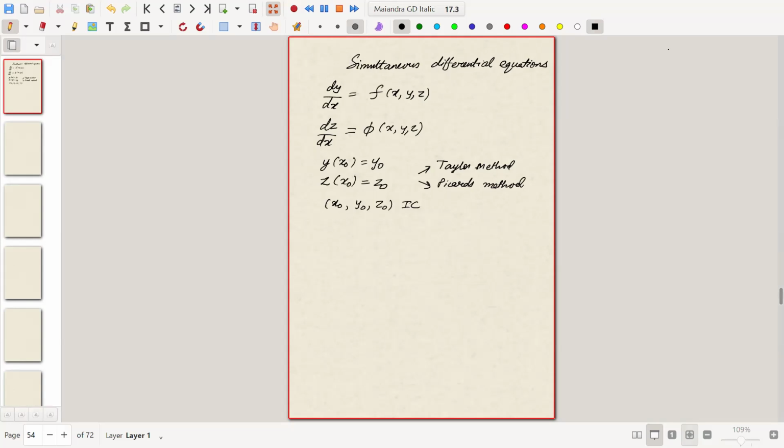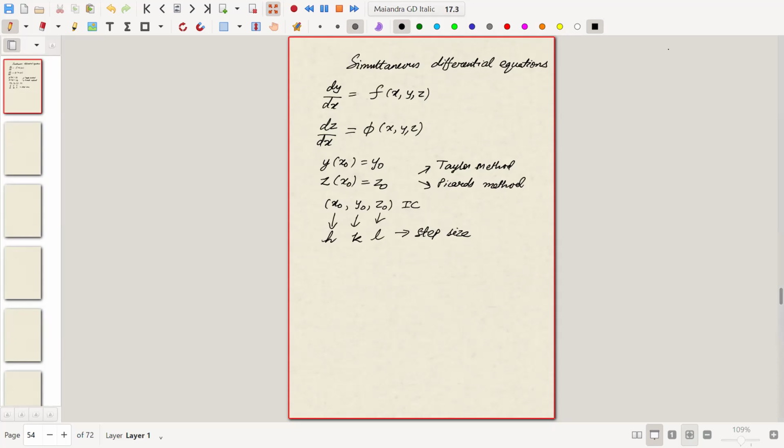Now, how will we apply our RK4? For each of these x, y, we take step sizes, right? Because last time, if you remember, we took our step sizes for RK4. Yes. So similarly, here also we will take step sizes. So these are our step sizes.